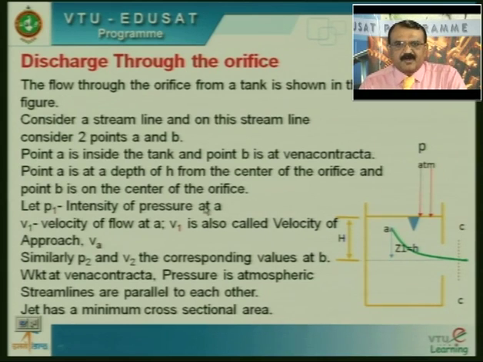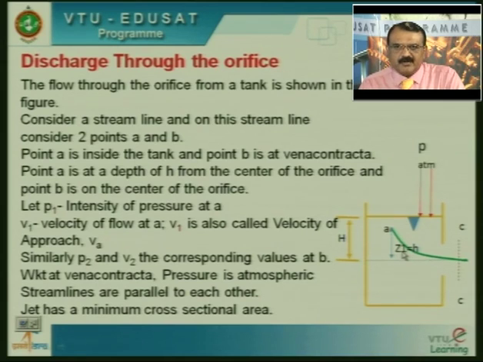Point A is at a depth of capital H from the center of the orifice, and B is on the center of the orifice. Look at this, the blue line you are seeing is the center of the orifice. Now from the center of the orifice, this point A is at a depth of small h. So I represent this as small h, and my point B is exactly over the center line.